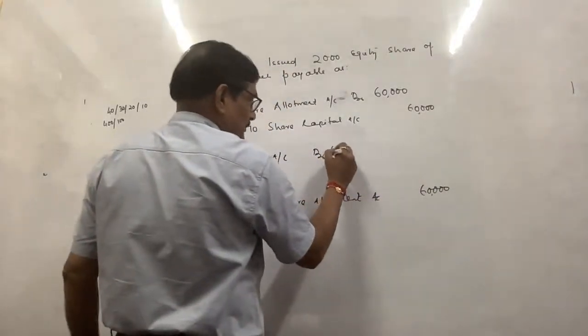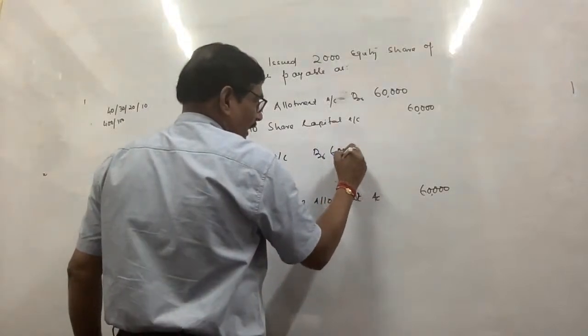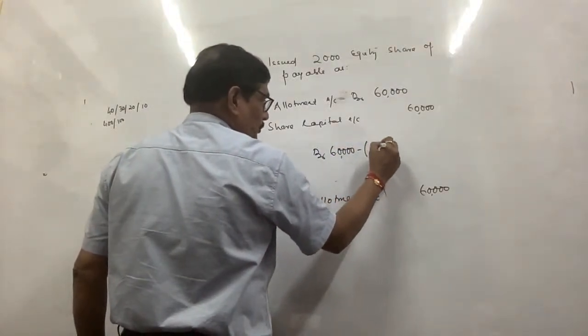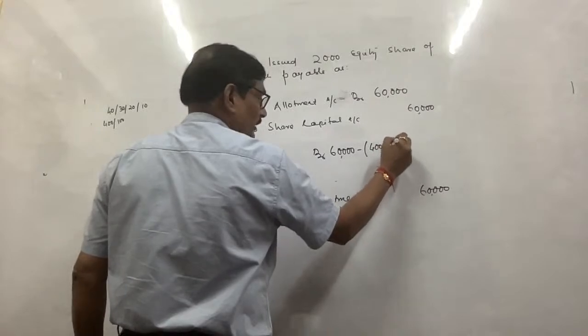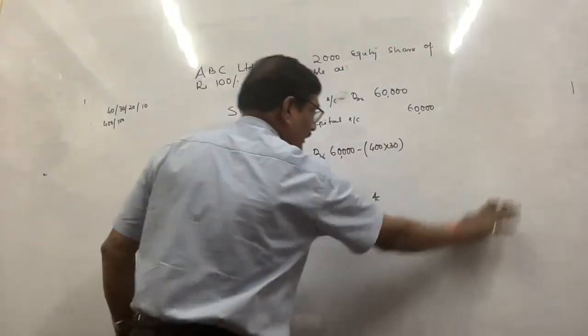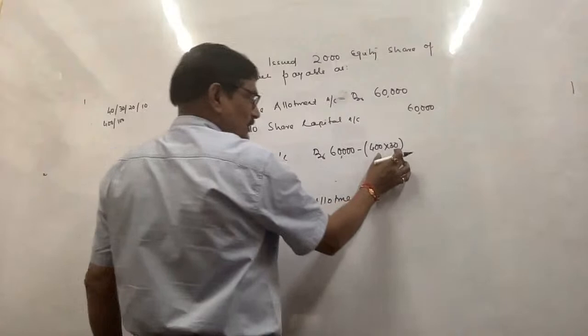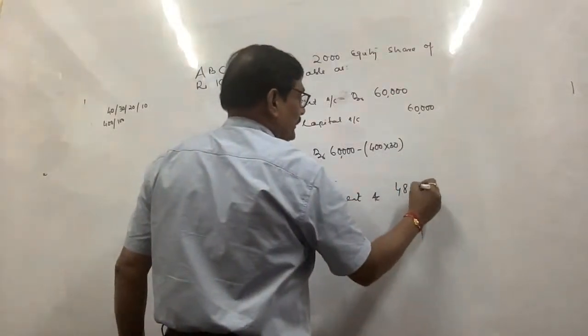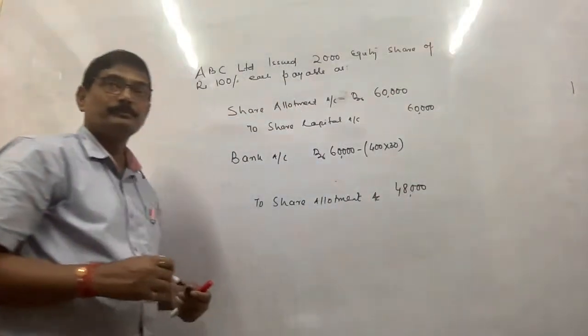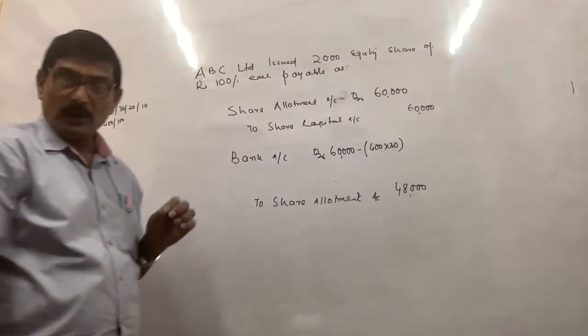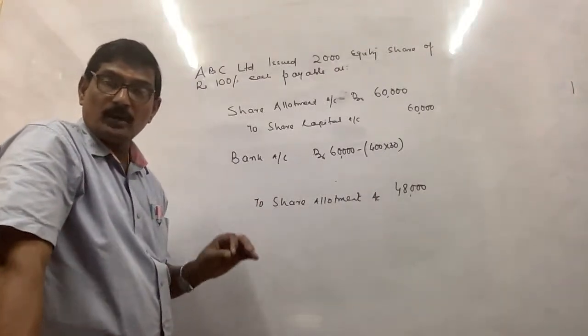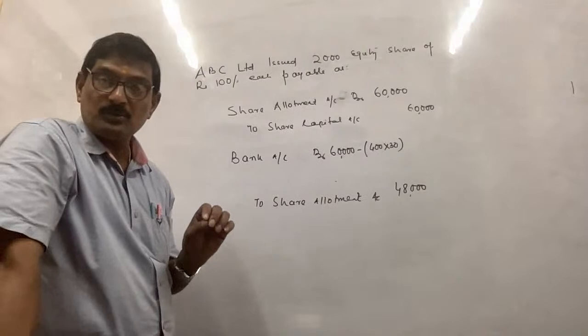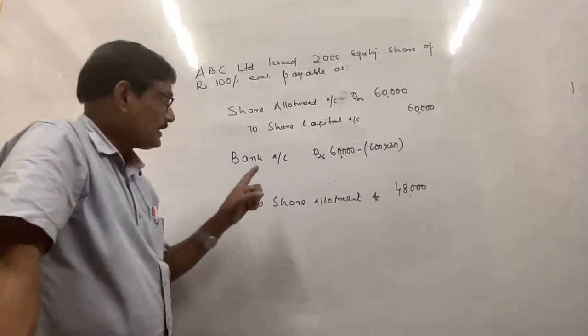I was supposed to receive 60,000 and now I am not receiving 400 into 30. That is 12,000 and it will be 48,000. So if it is given in the question without using calls in arrear account, you write the journal entries in this way.